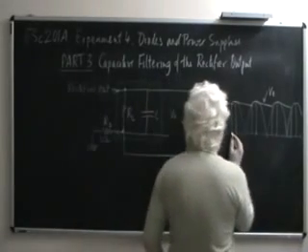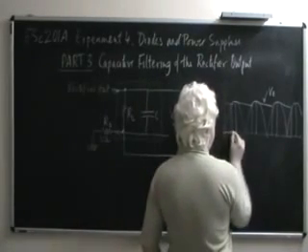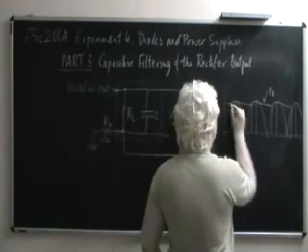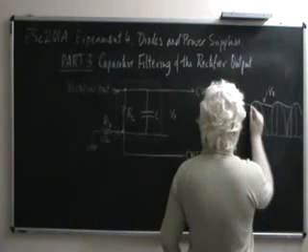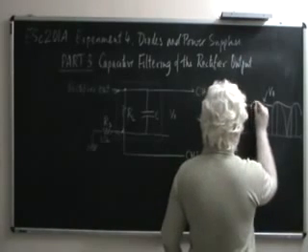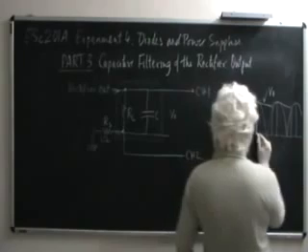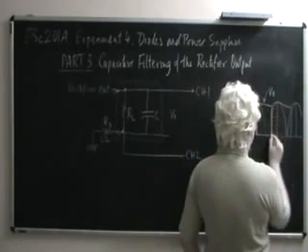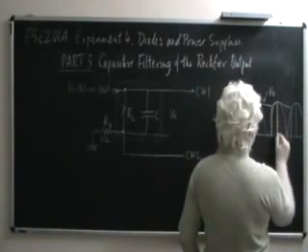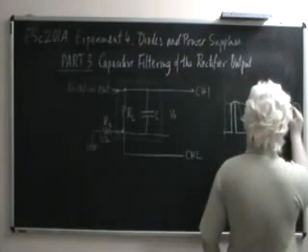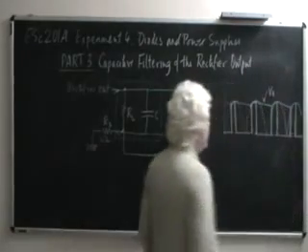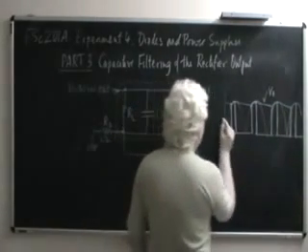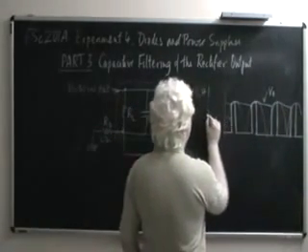So the current waveform would look like this. This is what the current waveform looks like, the diode current waveform.